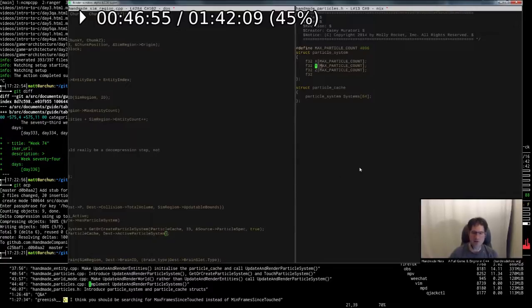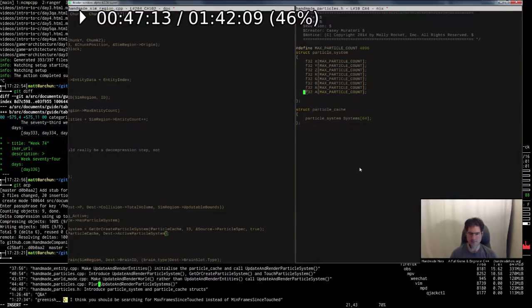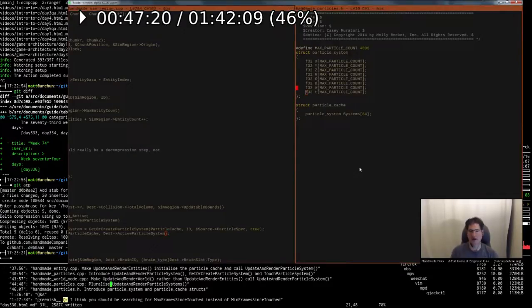While we do the particle systems here, we'll probably want to start bringing in some SIMD to the party. So we'll want to make this a little bit not like what I'm typing right now. We'll probably have something like this, I don't know exactly what.